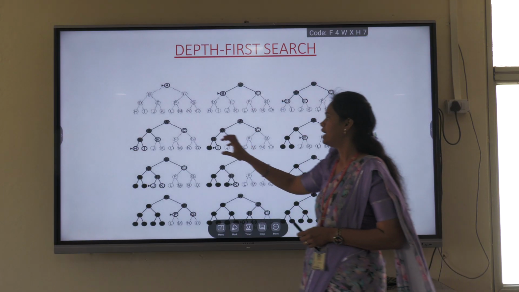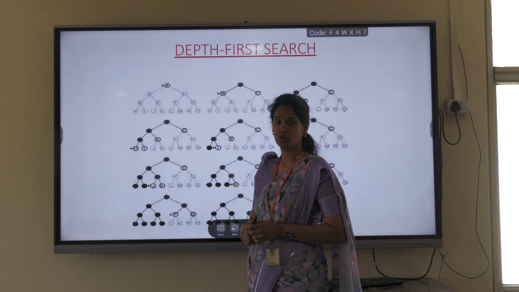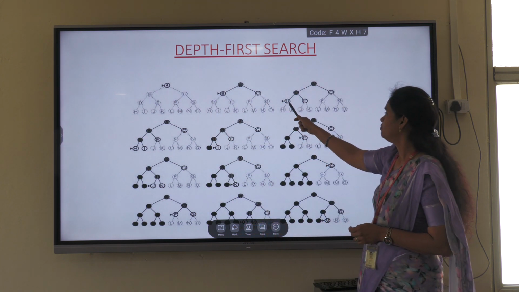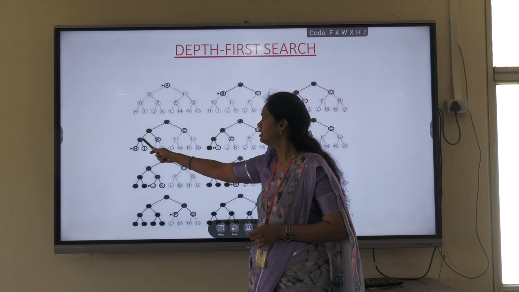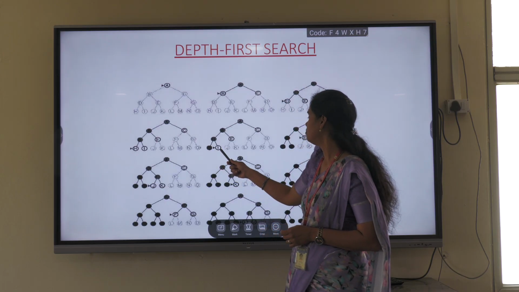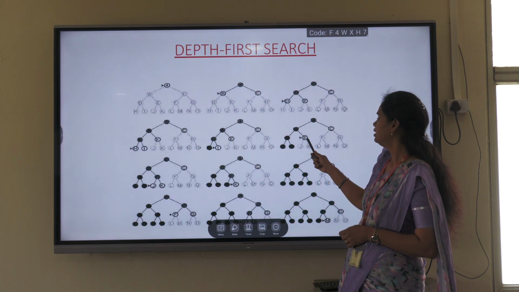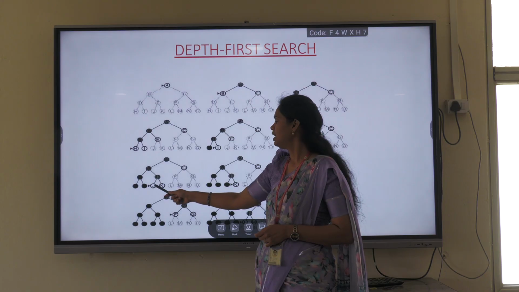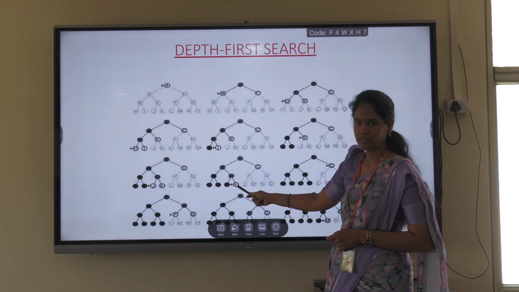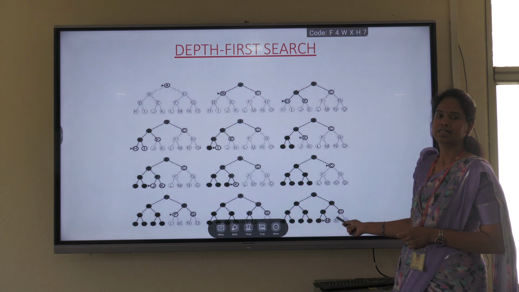The dark shaded nodes are the ones visited that are still not the goal state, right? So if you observe here, A, then it visits B, then D, and after visiting D, it explores H. H is not the goal node, so then it visits I, then backtracks to B, then it comes to E. From E, again J and K: it visits J, backtracks to E, then K. Like this, it is going to visit all the nodes until it reaches the goal node.